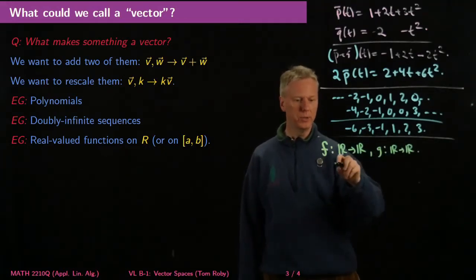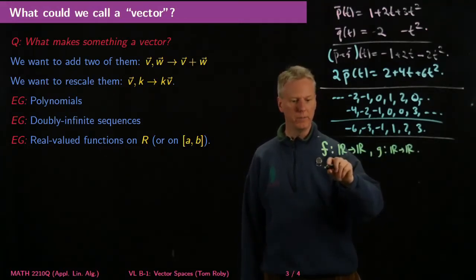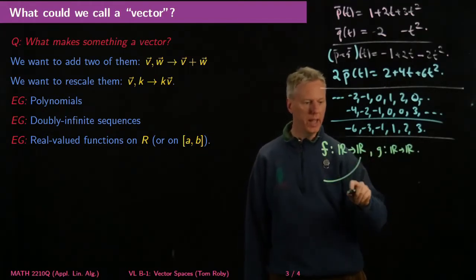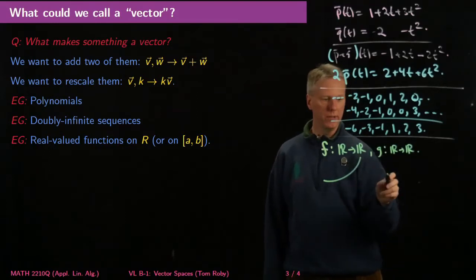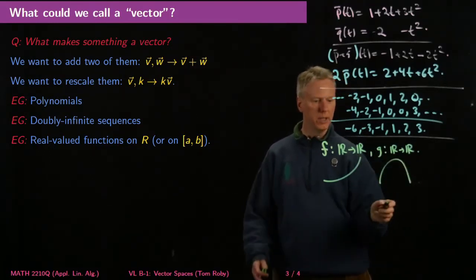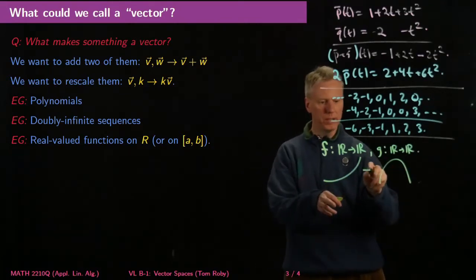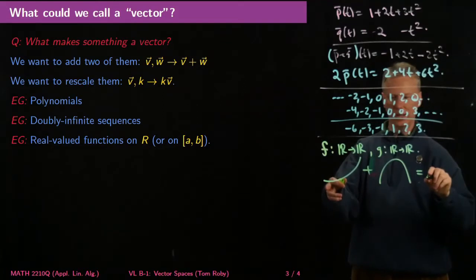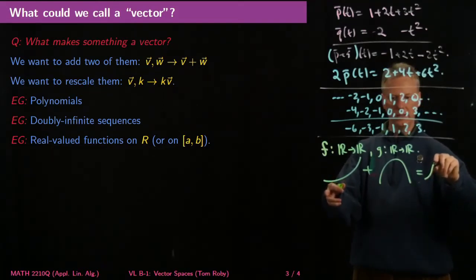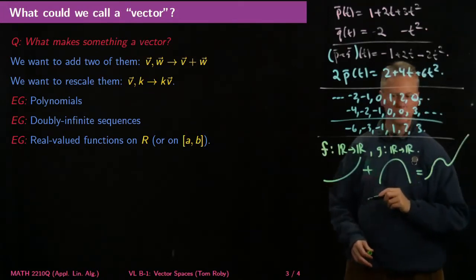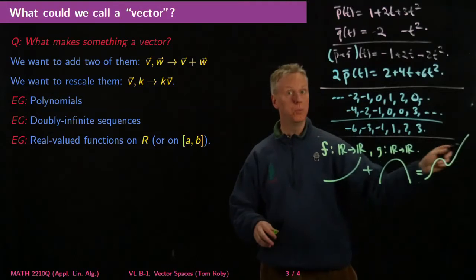If they were continuous functions, I might have a function that looked like e to the x, and if I want to add it to a function that looks something like this, then I just add it at each point. So this plus this is, I didn't think about this ahead of time, but it looks like it might do something like this, if I add those two point by point.